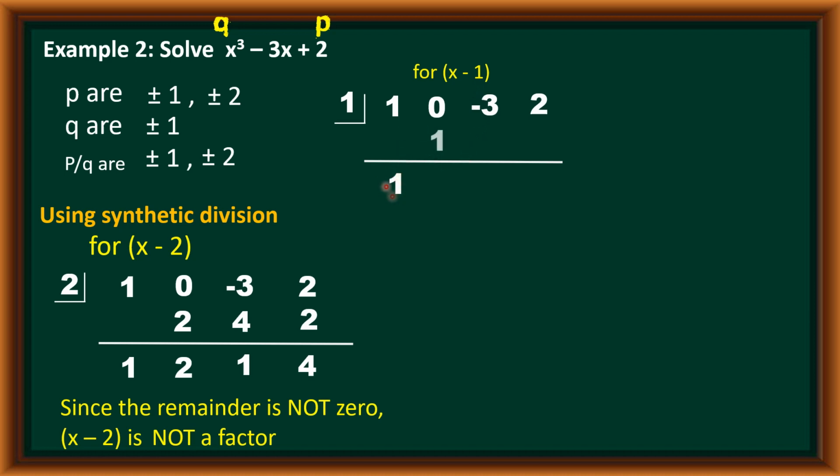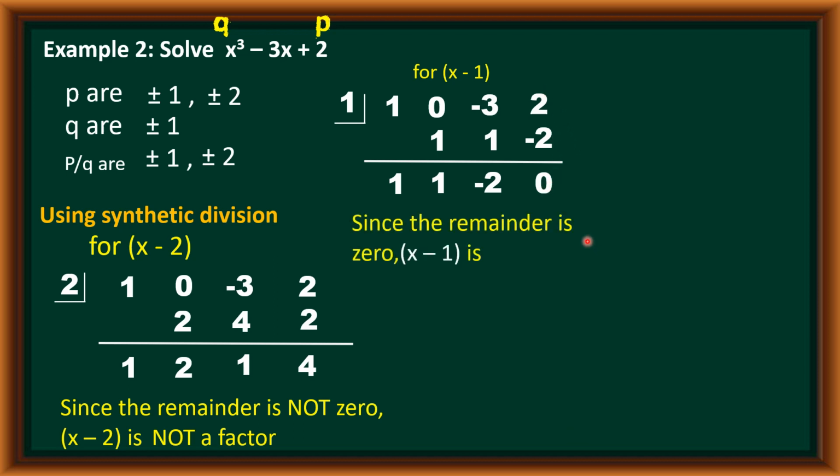Bring down 1 times 1, 1. Add 1 times 1, 1. Negative 3 plus 1, magkaiba ng sign, subtract, so negative 2. Negative 2 times 1 is negative 2. And 2 minus 2 is 0. So, ibig sabihin, since the remainder is 0, x minus 1 is a factor.